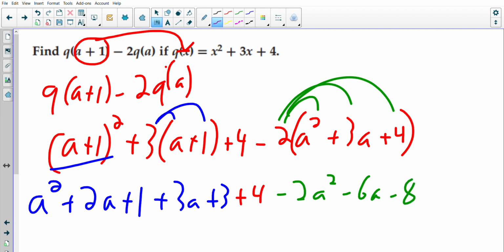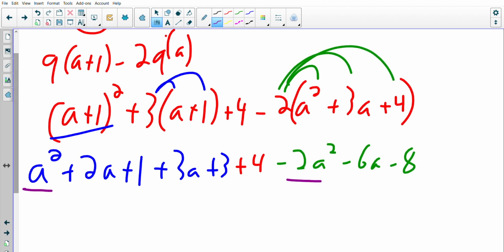So now I'm just going to combine like terms. I grab my a squareds: a squared minus 2a squared, so negative a squared. Then combining all my a's: 2a plus 3a plus 3a is 8a... then minus 6a... which leaves a; the a terms come to minus a.